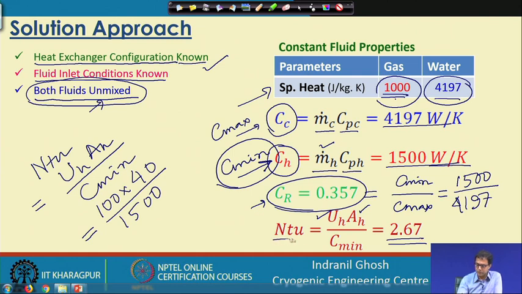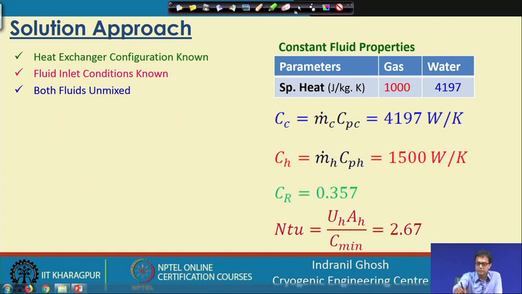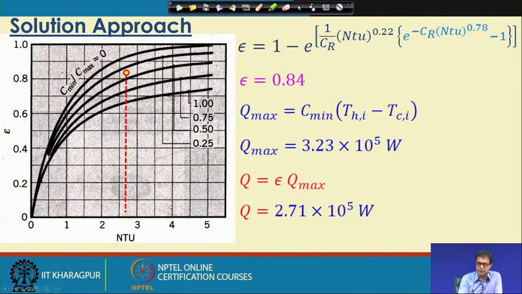So, now when we know the NTU, we should ideally be able to calculate the epsilon and from there we will try to find out the other values. So, let us look at what are the approaches for this configuration. There are two approaches.